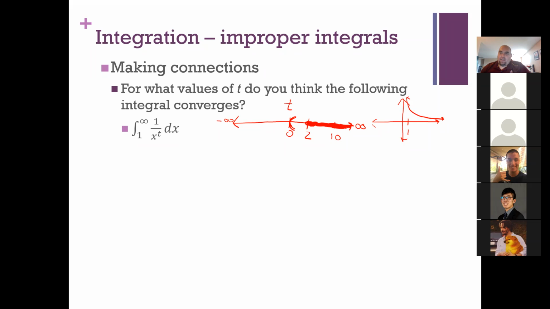But for a sequence or a series, I only care about the values at certain places. Where do I care about those values? Natural numbers usually. Basically, I'm sampling. Every so often, I care about what the value is. With a sequence or a series, I'm getting those values from this function, but I'm only picking out specific ones of them.